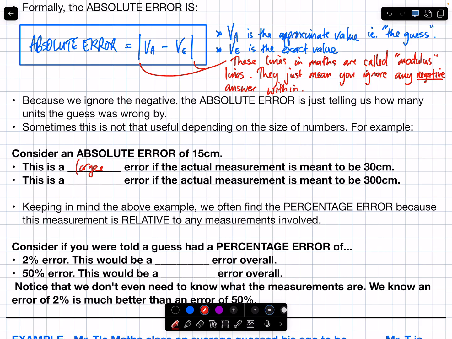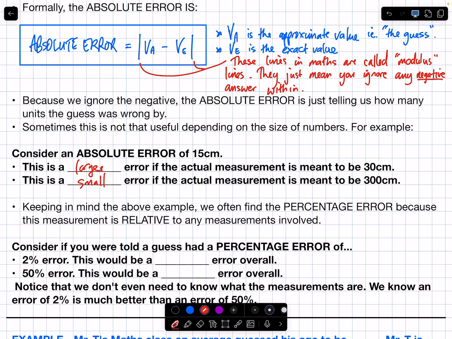Is that still a big error? No, it's small compared to what I'm measuring. So that is a small error if the actual measurement is meant to be 300 centimeters. Hopefully that demonstration shows you sometimes the absolute error is not that valuable because it depends on what you're measuring.